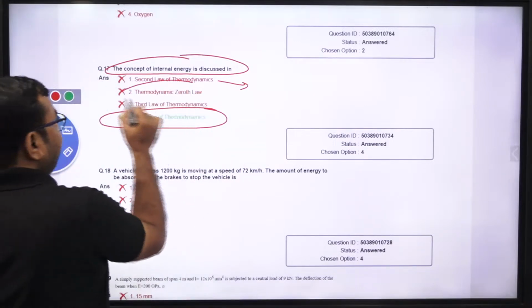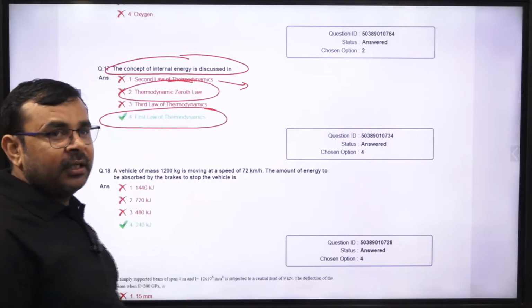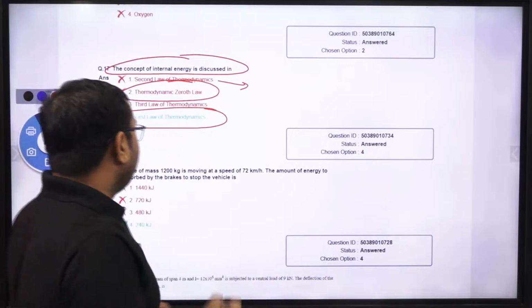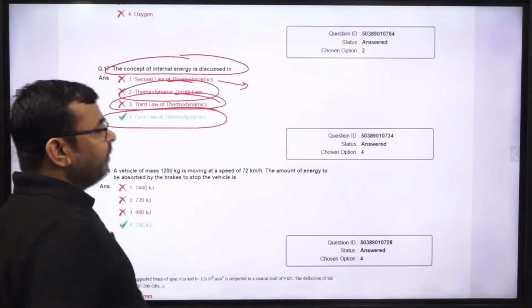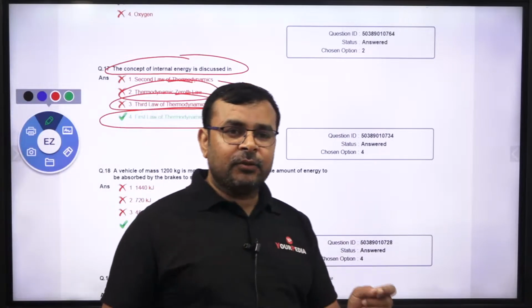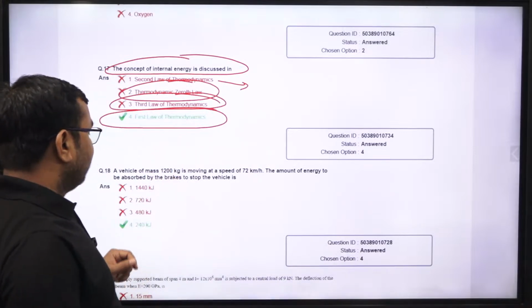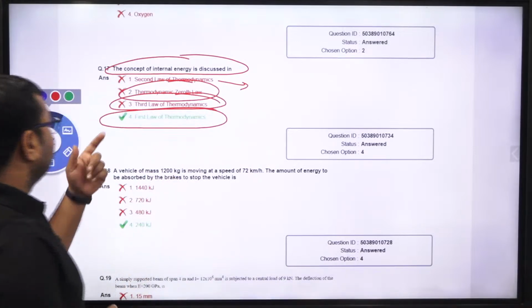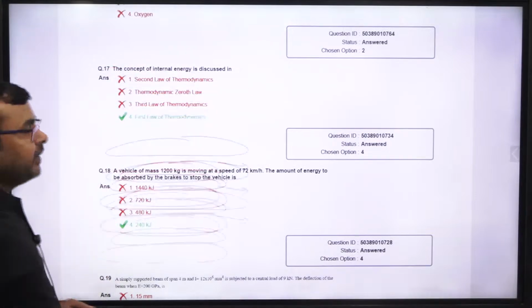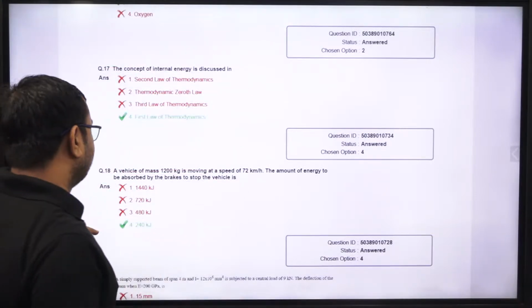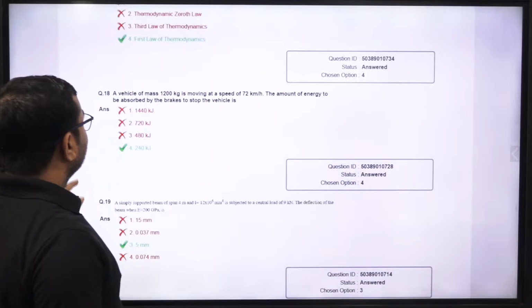And the zeroth law of thermodynamics is basically based on temperature measurement. And the third law of thermodynamics is based on the fact that it is impossible to reach 0 degree temperature. So this basically deals with this. Yes or no? So the energy concept is discussed in the first law of thermodynamics only. Okay, so let's see another question.